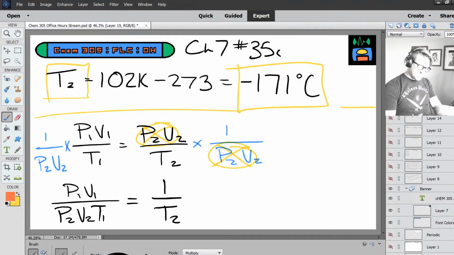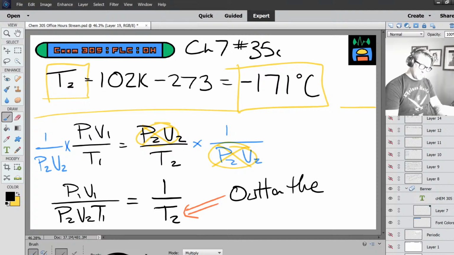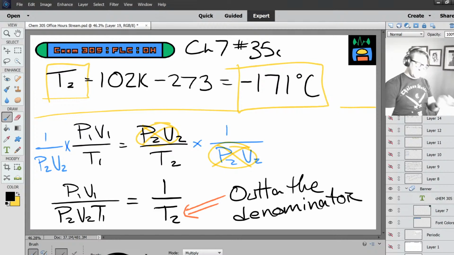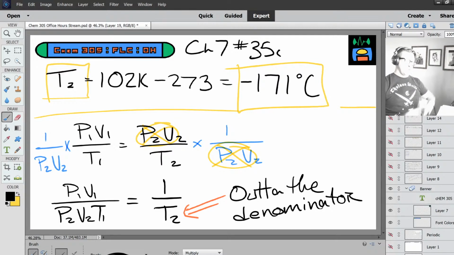So to solve this problem, you've got to get this guy out of the denominator somehow. You could start by dividing both sides by P2 times V2, but you still have to get this T2 out of the denominator, and when you flip it, the final form of the equation will be the one that we used.